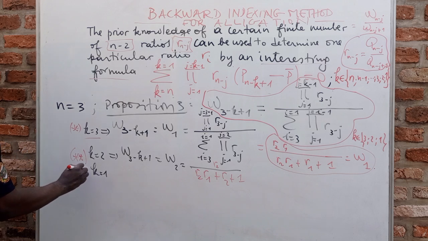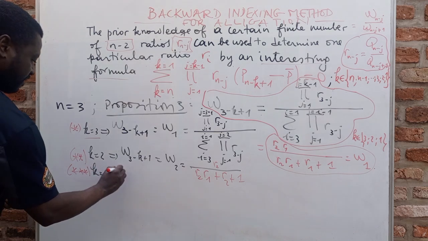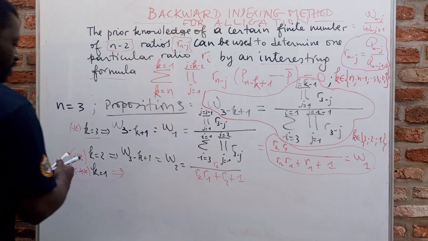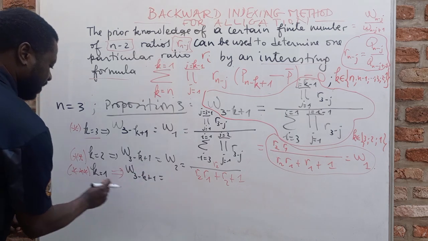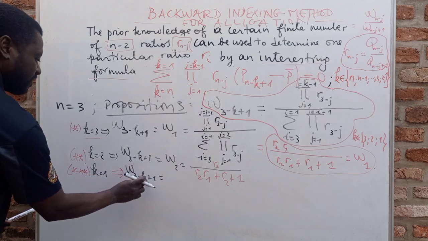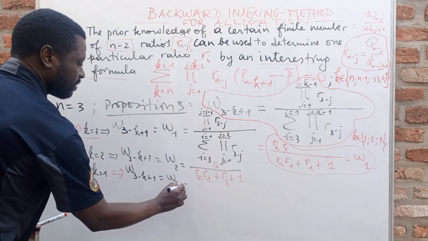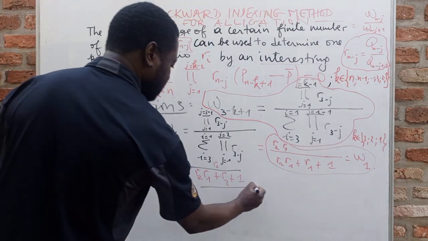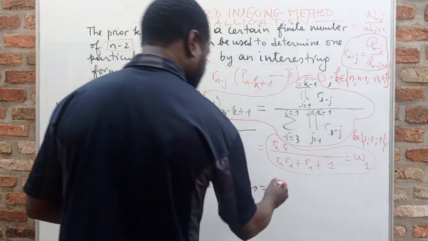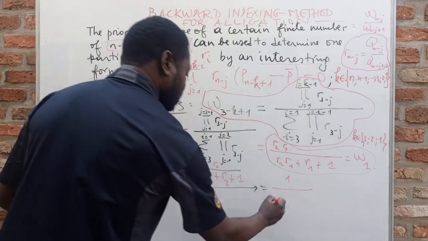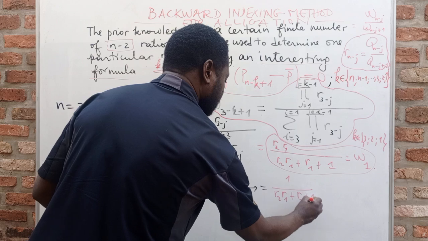Okay, so next, when k is equal to 1, what will I have? I'm going to have omega sub 3 minus k plus 1. When k equal to 1, 3 minus 1 is 2, 2 plus 1 is 3, so omega sub 3. Omega sub 3 is finally going to be equal to 1 over r sub 2 r sub 1 plus r sub 2 plus 1.